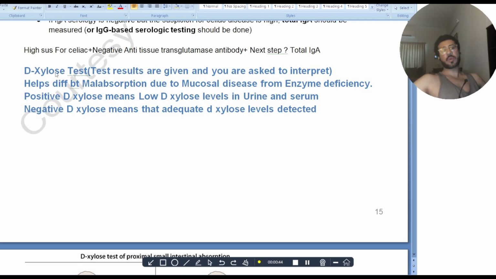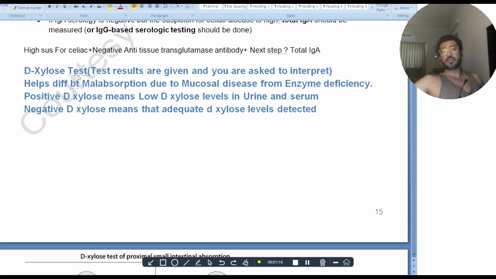So let's just talk about the interpretation. Since it is a monosaccharide, it does not require breakdown by the enzymes. It's directly absorbed through the gastrointestinal tract in the jejunum and the absorptive areas of the ileum. So what are the conditions where it might not be absorbed? The first condition that comes to mind is malabsorption due to mucosal disease like celiac disease, where there is atrophy of the villi, so D-xylose would not be absorbed in that case.